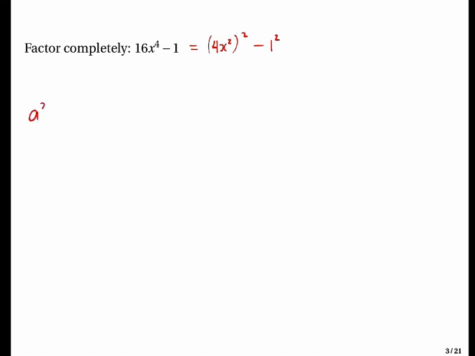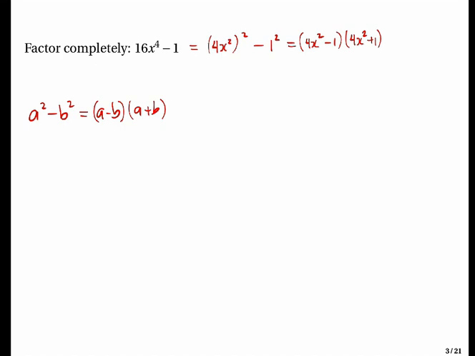So we have a squared minus b squared, which can be factored into a minus b times a plus b. Following this identity, this expression now can be written as 4x squared minus 1 times 4x squared plus 1.